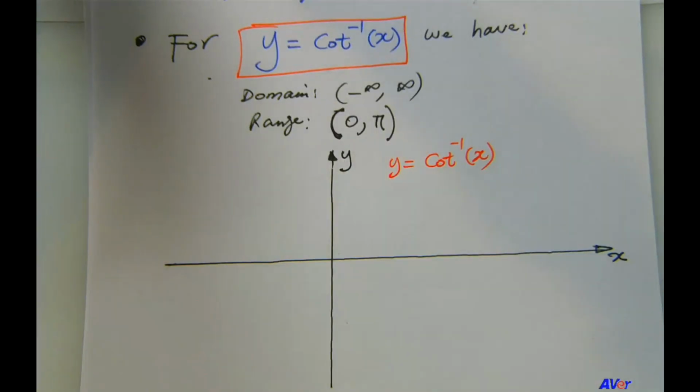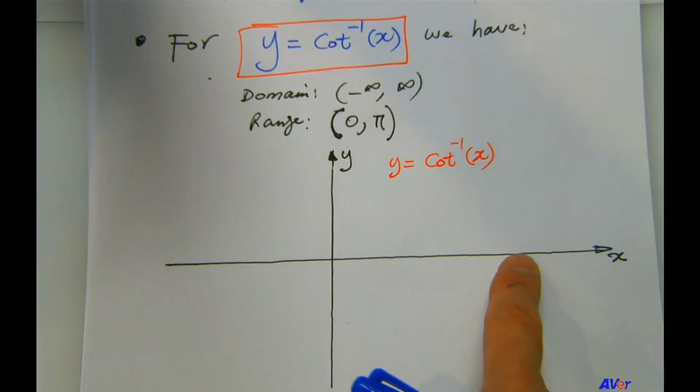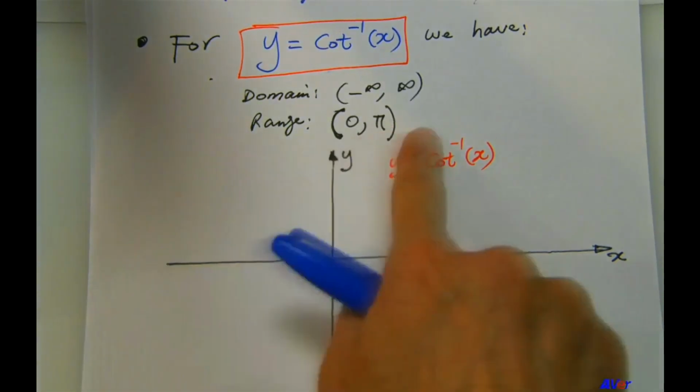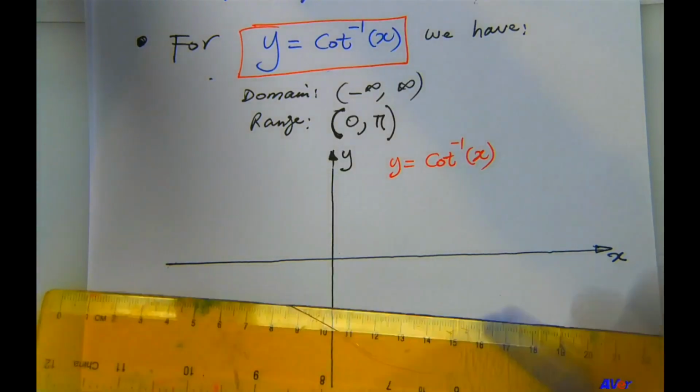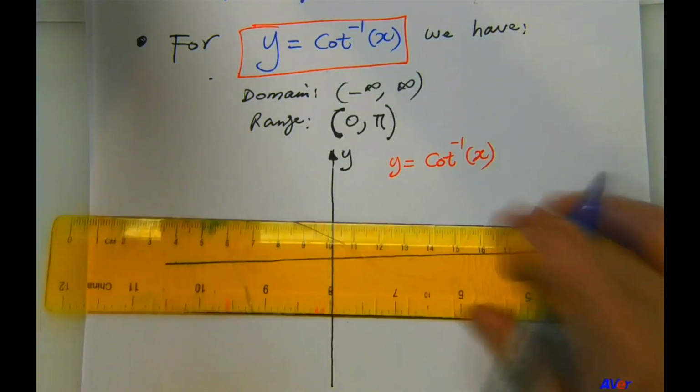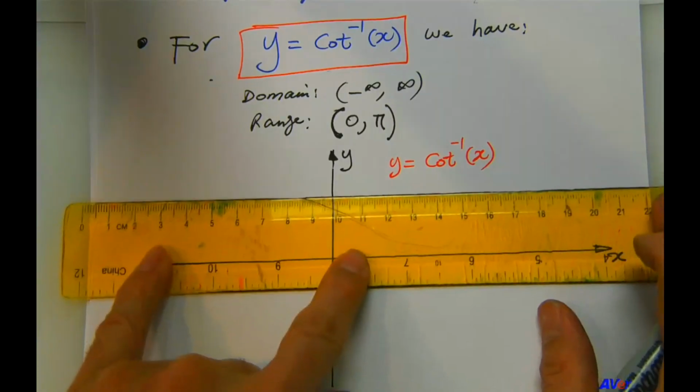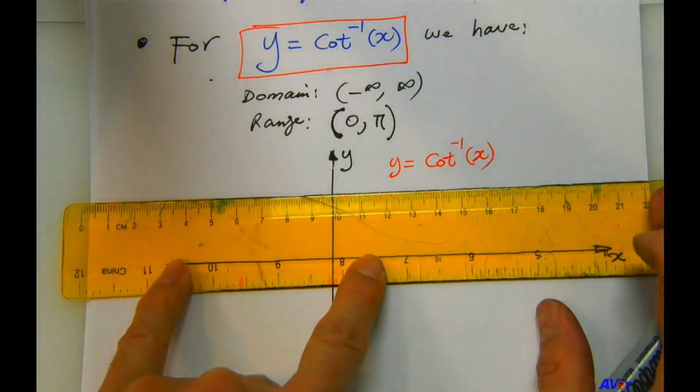Because we have parentheses. And y equals 0, which is the x-axis, is going to be one of the horizontal asymptotes, and y equals pi is going to be the other horizontal asymptote. And we cannot touch those with our graph. So let's draw that.